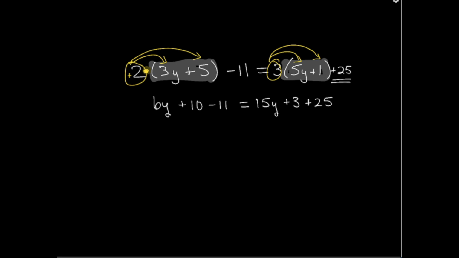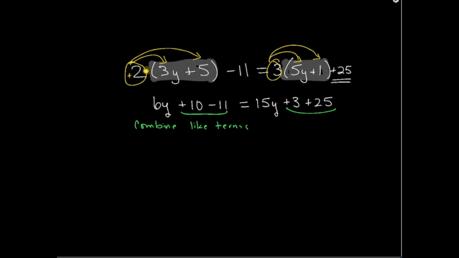Now, because I have two sets of numbers on both sides of the equation, I'm going to combine like terms. And what that means is I'm going to go ahead and add together the numbers on both sides of the equation.